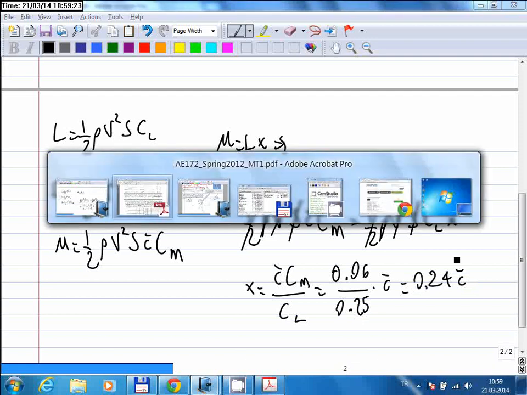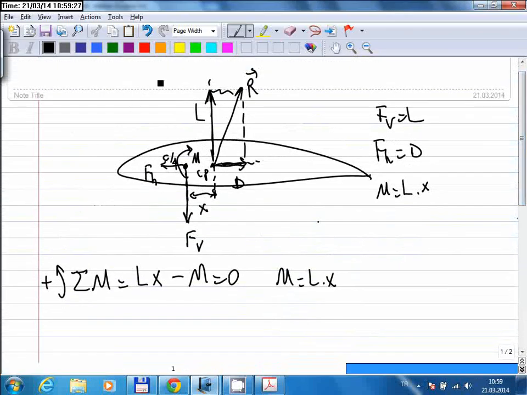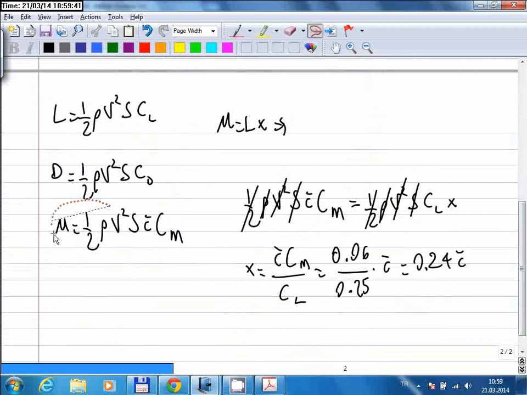Here, C bar is the chord length, so this entire distance is C bar, the mean aerodynamic chord. And that C bar is in the moment equation.